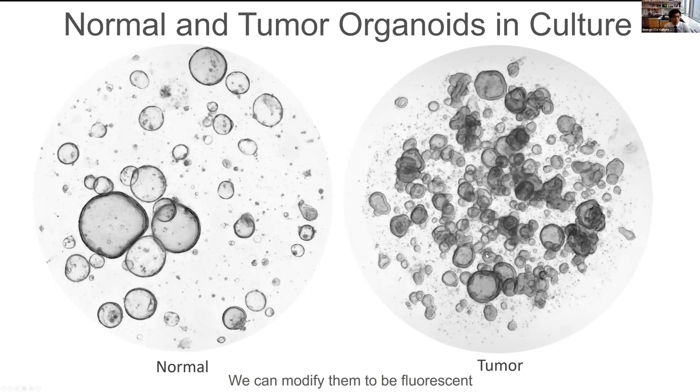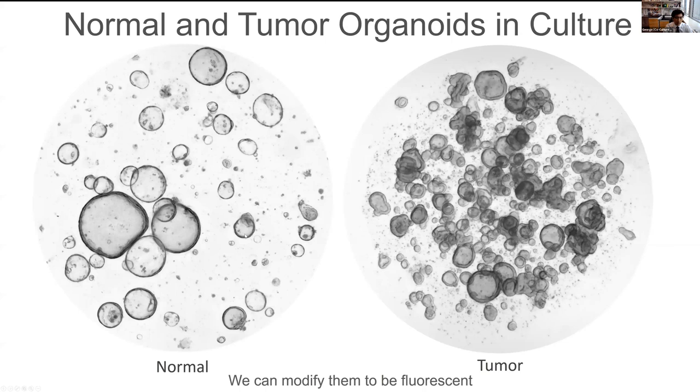And so that turns into these images that you can see on the left and the right. The crypts actually end up growing and ballooning up because they no longer remember which side they were, because they're embedded into a hydrogel. On the left is the normal colon crypts after they've been grown for a few days. On the right are the tumor crypts after they've been isolated and grown for the same amount of time.